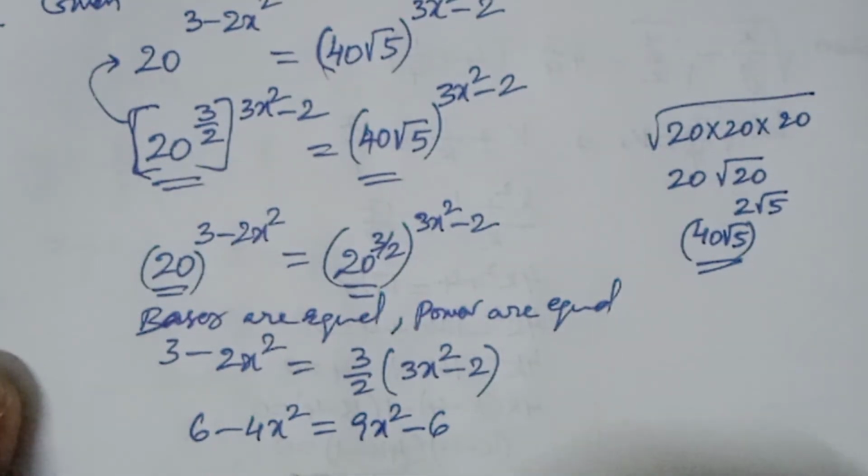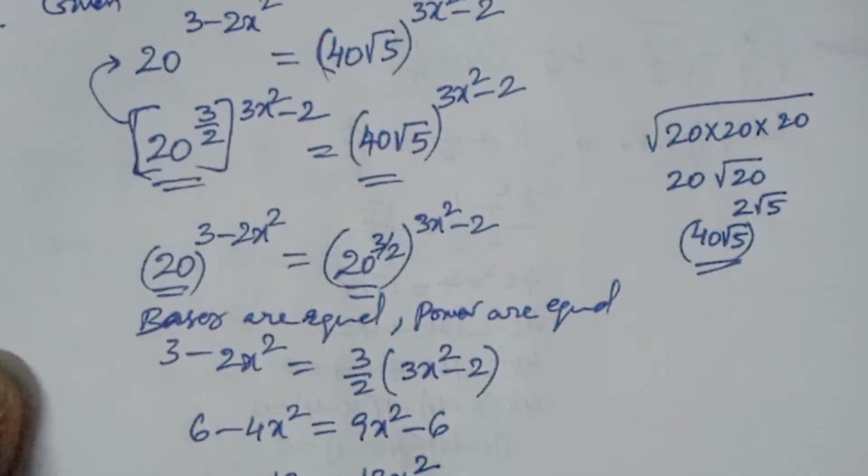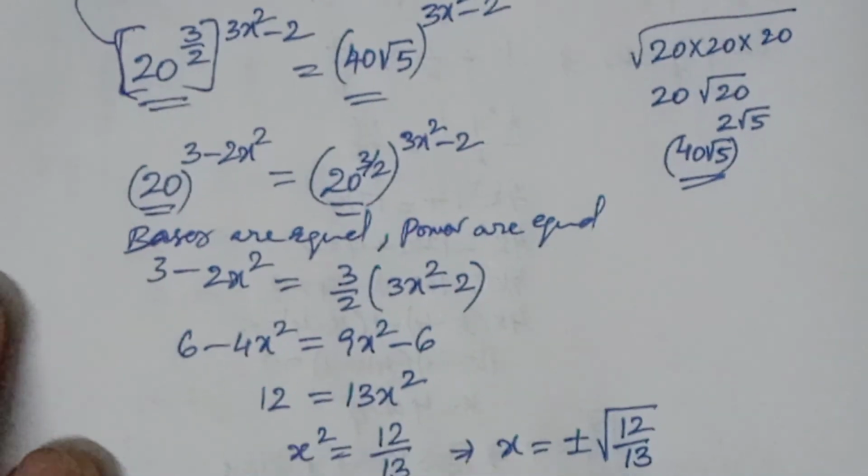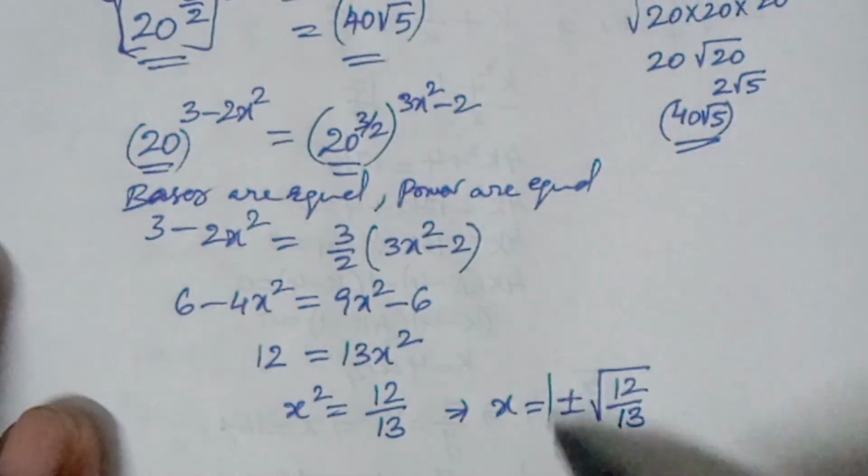So here send 6 to that side. 12 is equal to 13x square. x square is equal to 12 by 13. That implies x is equal to plus or minus root 12 by 13.